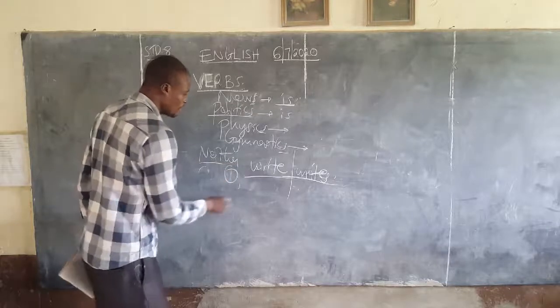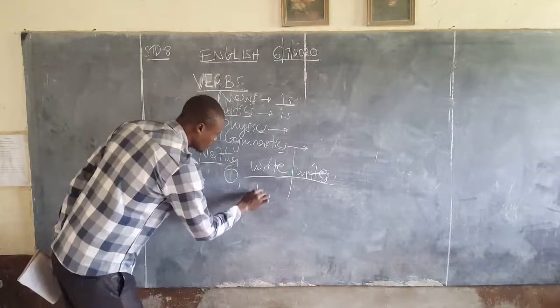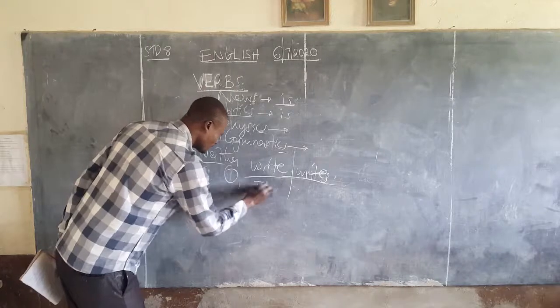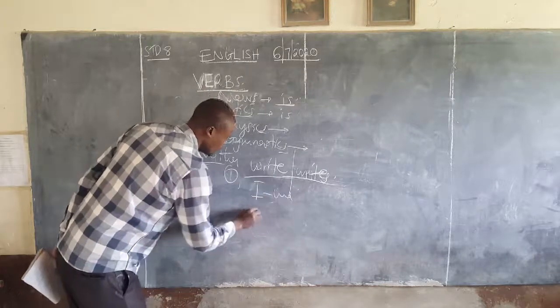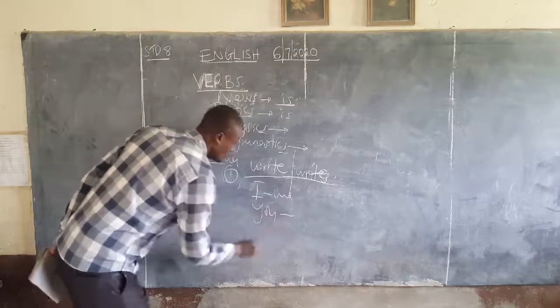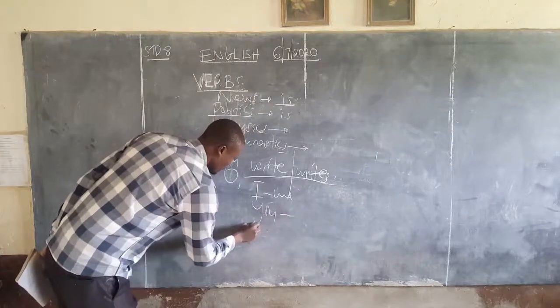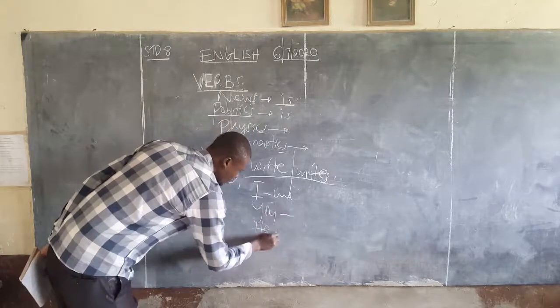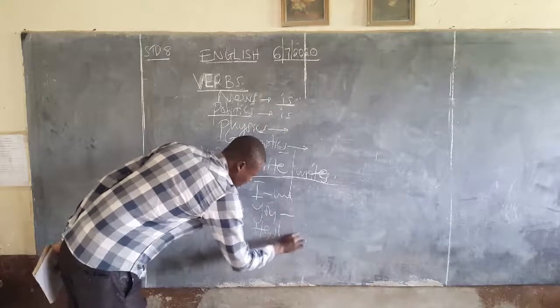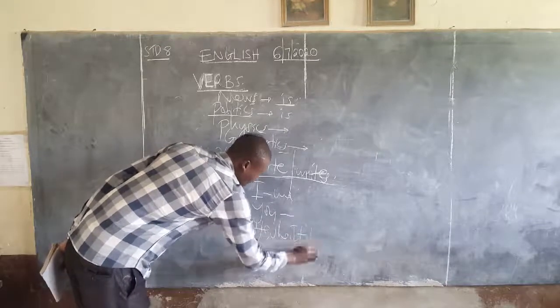First person, talk of I, and we in the plural. Second person, talk of you alone, both plural and singular. And then we have he, she, it, and then we have they.